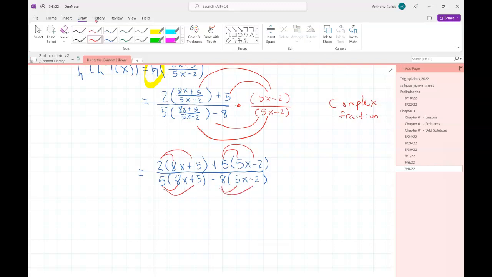We got a whole bunch of distributing to do, but that's okay. That's pretty easy to do, all things considered. Yeah, the fun stuff. Because what are we expecting to get here at the end? Just the x. Just an x.